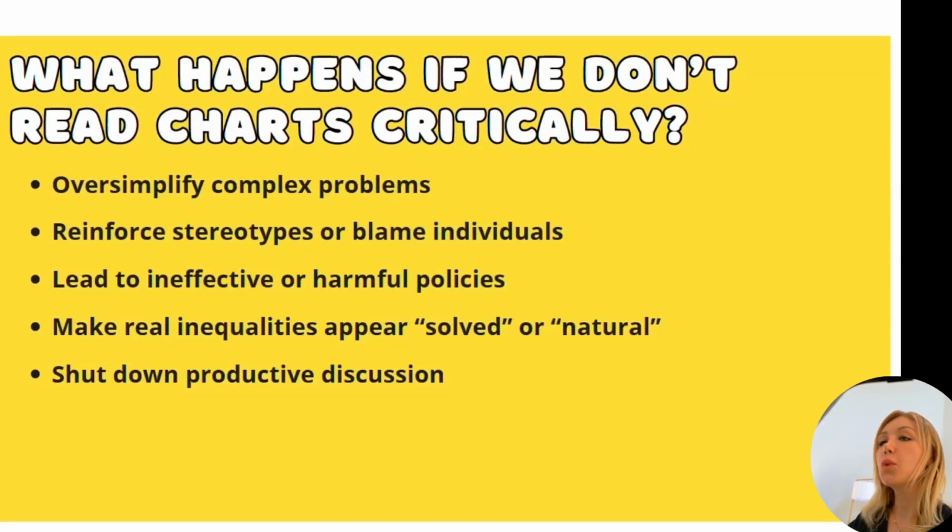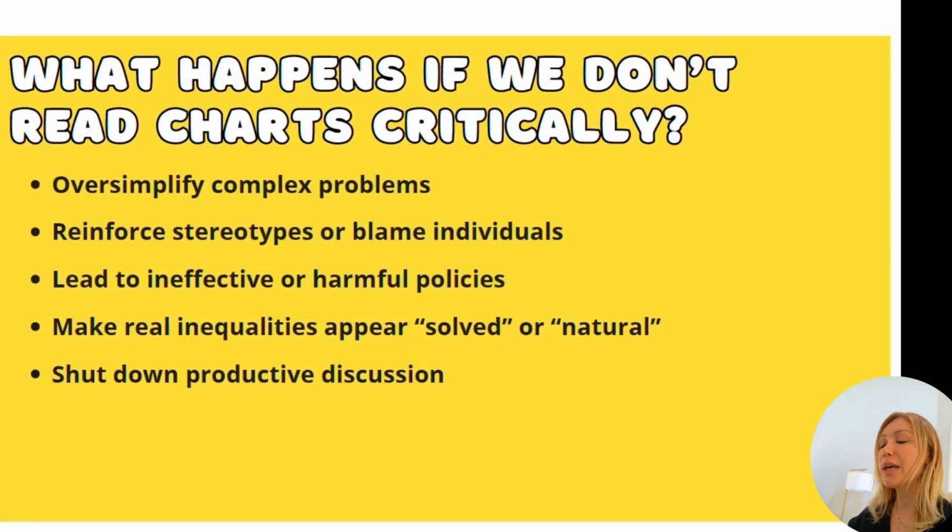What happens if you don't read charts critically? First of all, it is very easy to oversimplify complex problems and reinforce stereotypes or blame individuals or blame the system, right? Especially if we're talking about gender-related issues, like women in math, science, and engineering. Understanding the charts wrong, if we don't read them critically, may lead to ineffective or even harmful policies.